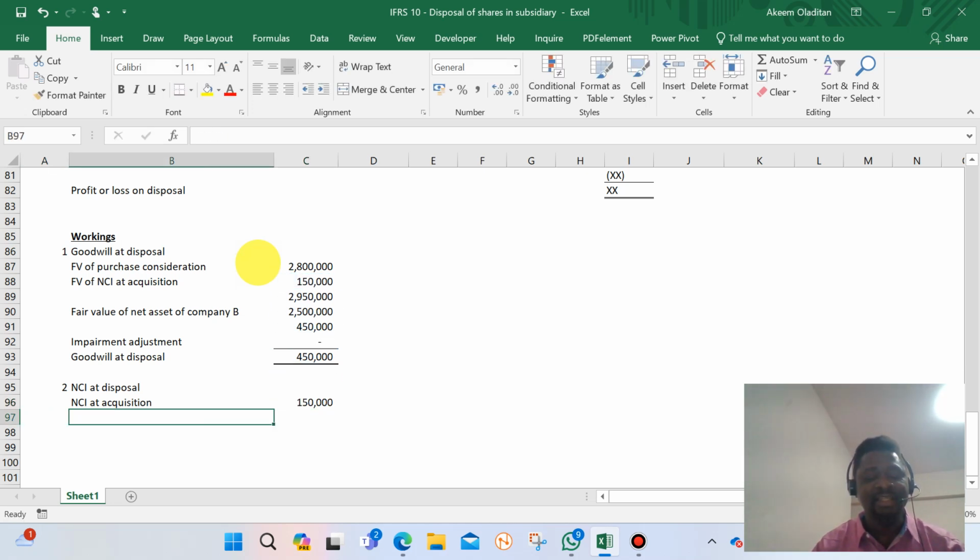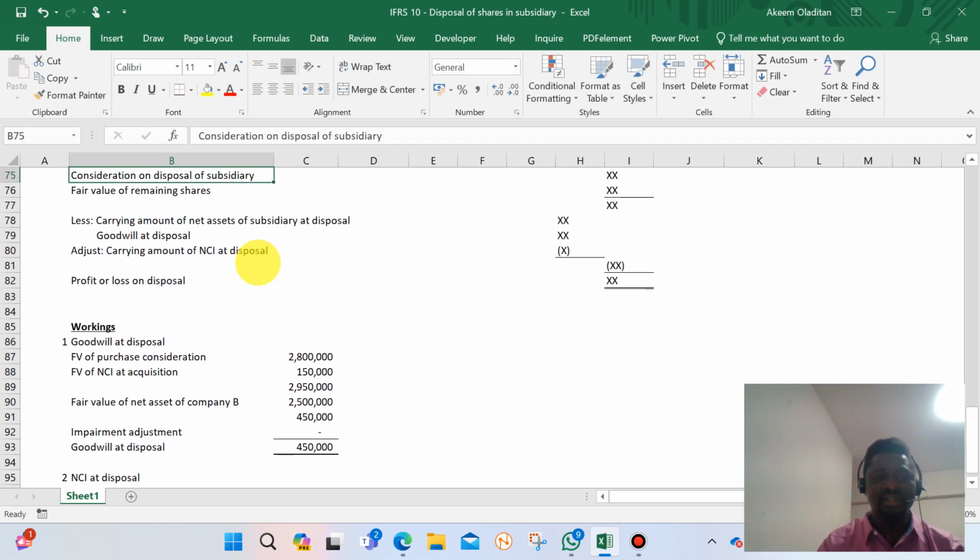So has there anything changed in NCI? So NCI will change with any change in the profit or loss, or any change in the fair value of net asset of the subsidiary. If there's any change, so let's see if there's any change. So NCI percentage change in net asset of company B. So what is that change?